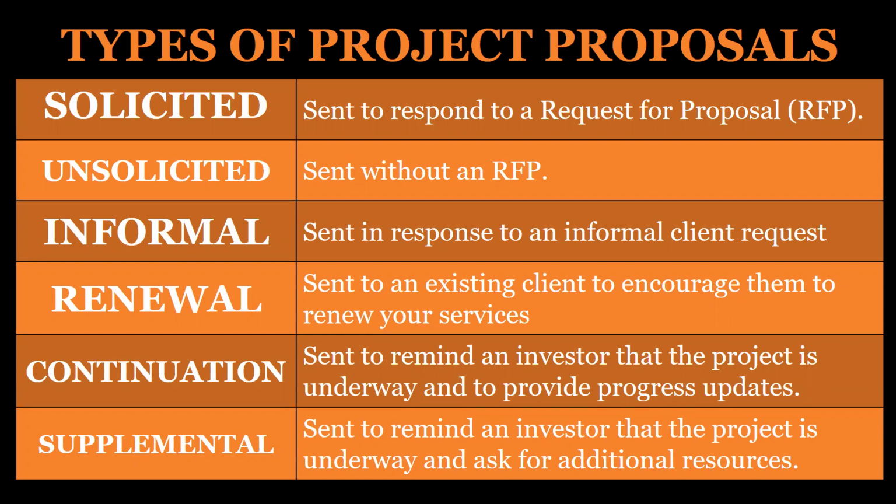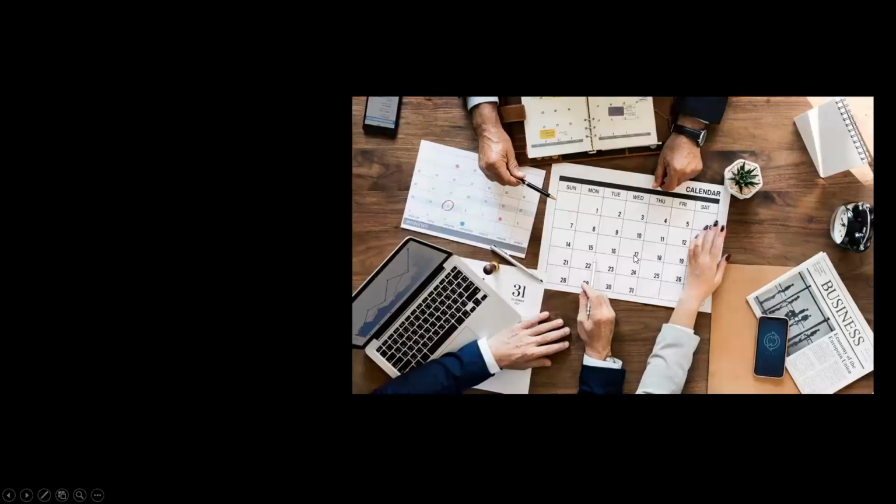Renewal, of course, sent to an existing client to encourage them to renew services. The continuation, sent to remind an investor that the project is underway and to provide progress updates. And supplemental, sent to remind an investor that the project is underway and ask for additional resources. Okay, so those are different types of proposals.